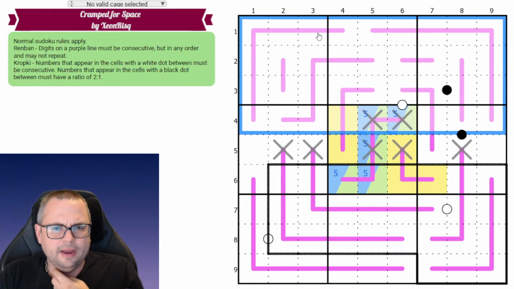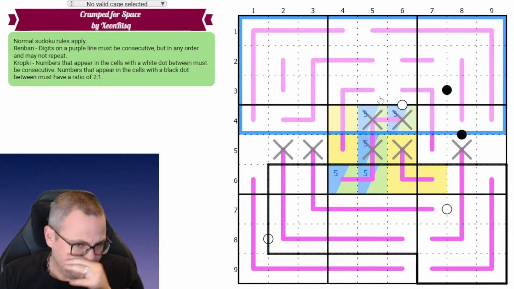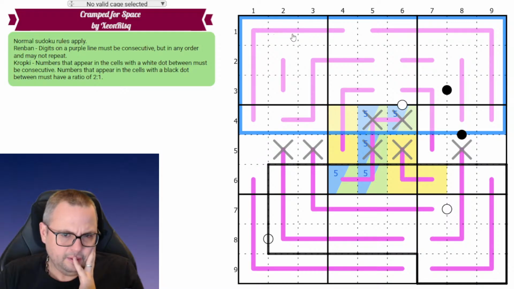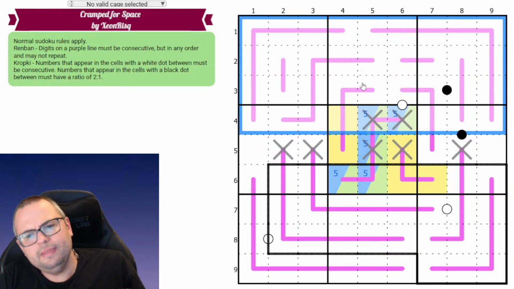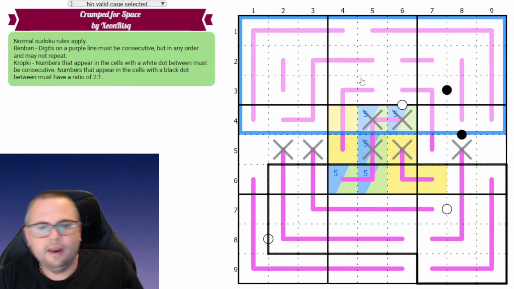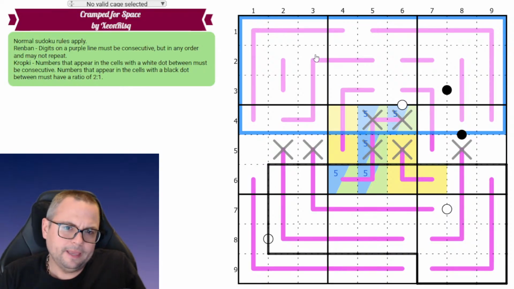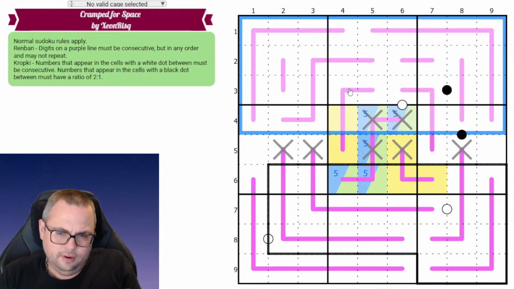So how many Renban are we touching up there? 1, 2, 3, 4, 5, 6, 7, 8. Oh, maybe this does actually work. Because we've got to put 8 1 9s up here, and we've got 8 Renban.